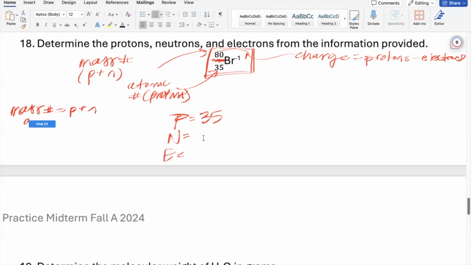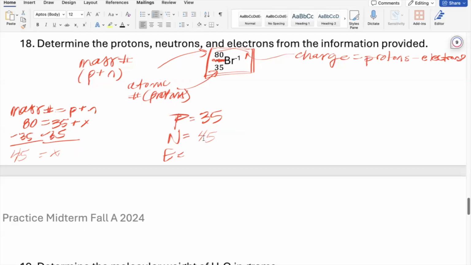The mass number in this case is 80 and the protons is 35, which leaves me with X here as N. So if I subtract 35 from both sides, I will get X by itself, which is the number of neutrons. So 80 minus 35 is 45. So I have 45 neutrons. All right, so 35 protons, 45 neutrons. Now I just need to solve for electrons.